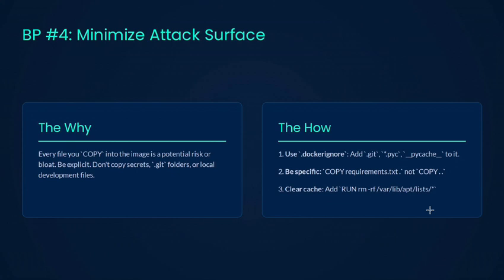These do not belong in the image. Second, instead of copying everything, be explicit. Copy requirements.txt first, then run pip install, then copy the rest. This makes your Docker layer cache far more effective.